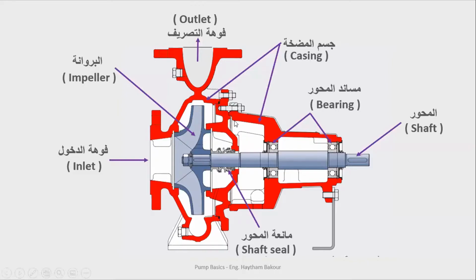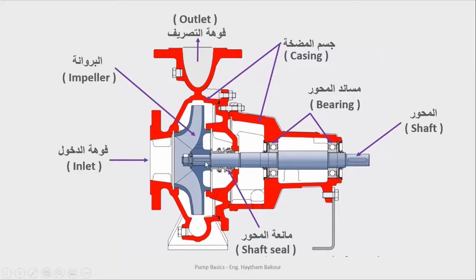Then the casing, in red, as you can see. Number 4 is the bearing, and it is responsible for keeping the shaft in a stabilized position.